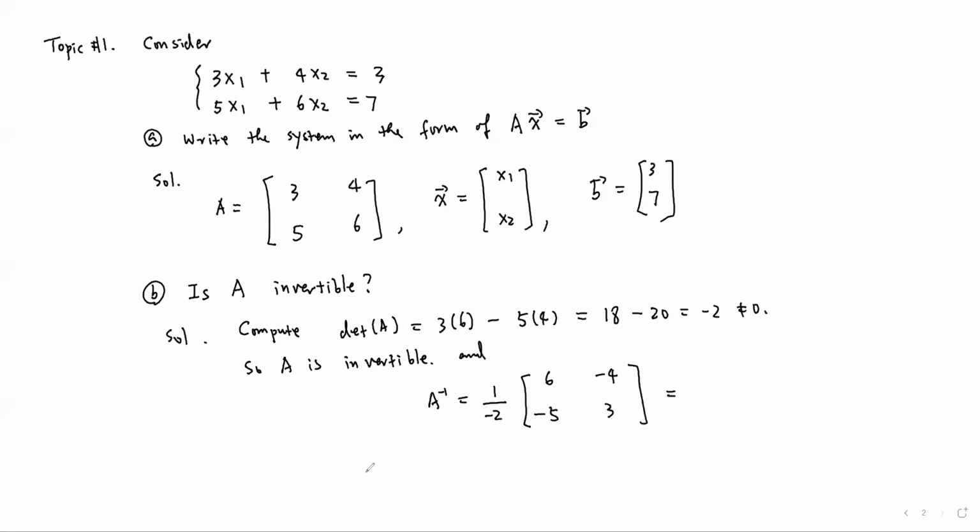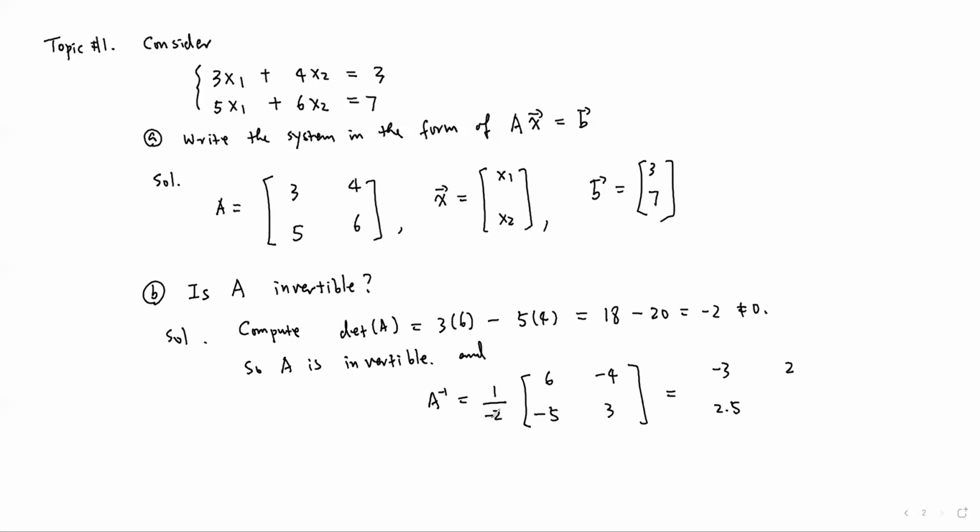Now, a number times a matrix is the number times all the entries. So -1/2 times 6 is -3. -1/2 times -4 is 2. -1/2 times -5 is 2.5.